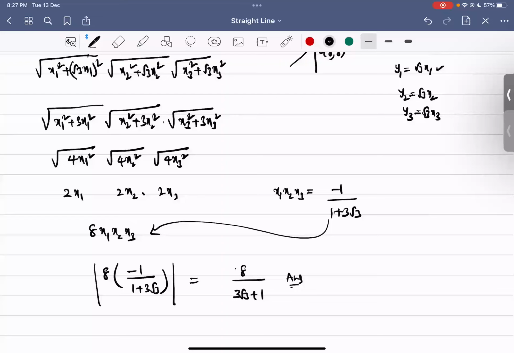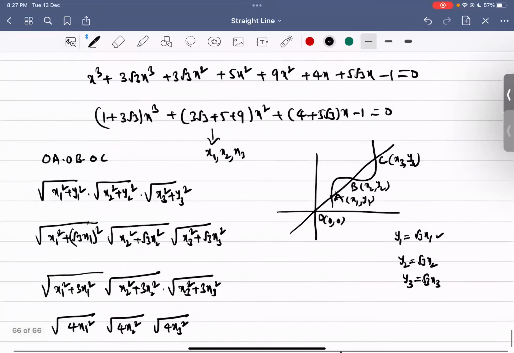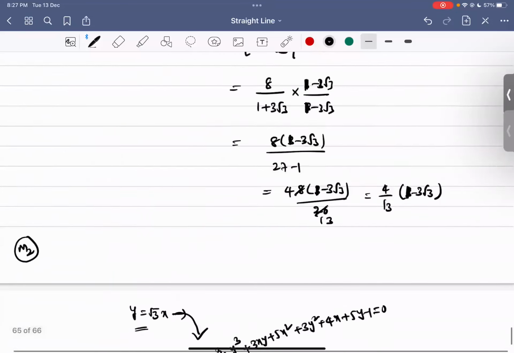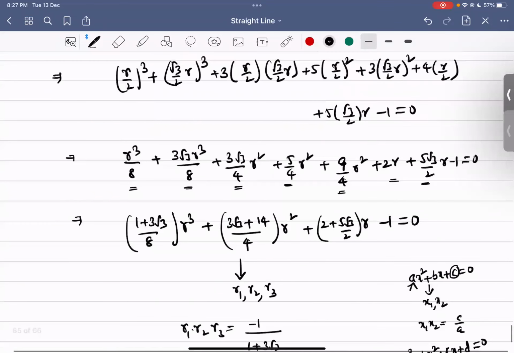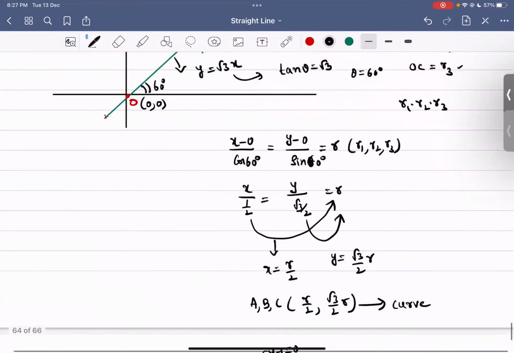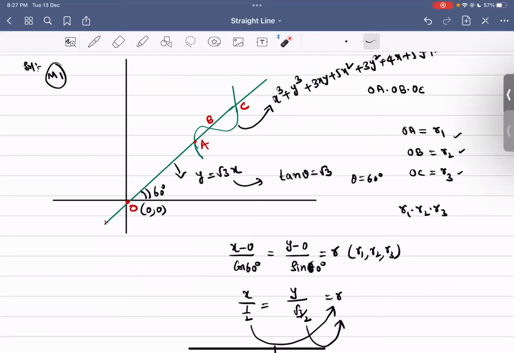Is this method clear also? See, what is the advantage? If you observe, initially in the parametric equation, I told you what is the advantage of the parametric equation. In the parametric equation, with a smaller number of variables, we can solve the problem. Here the parameter is only r.